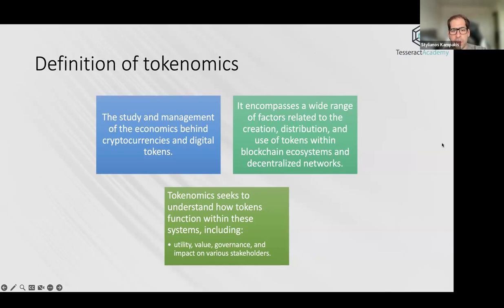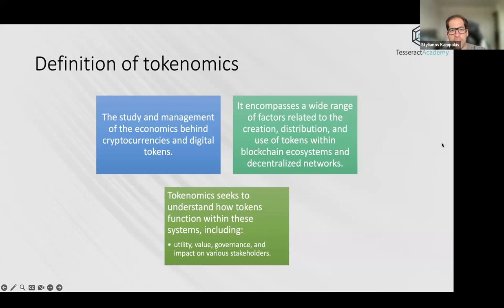And tokenomics seeks to understand how tokens function within these systems, or maybe I should say ecosystems, including utility, value, governance and the impact on various stakeholders. So long story short, Ethereum allowed us to create virtual economies, which now we can create on many different layer ones and twos. And essentially, tokenomics tries to understand what are the principles governing those economies.